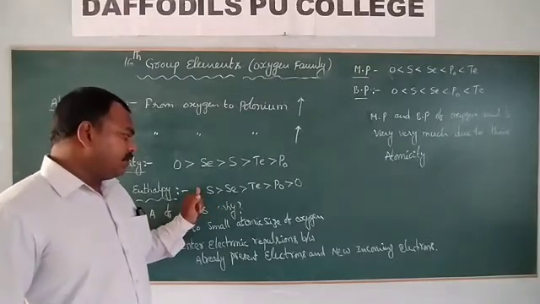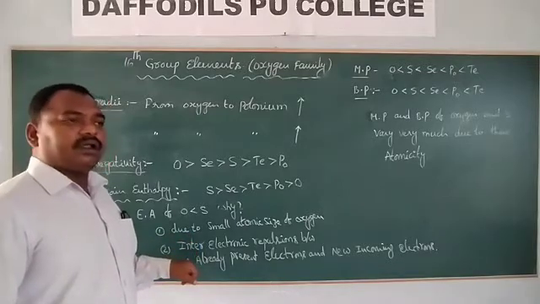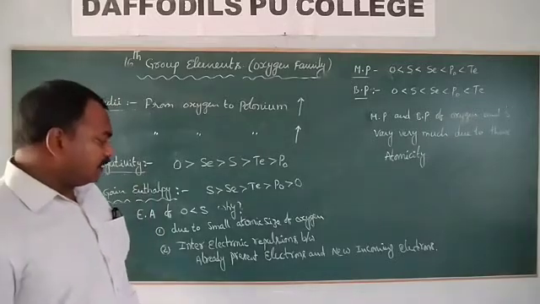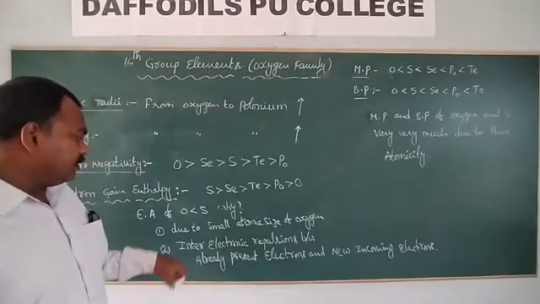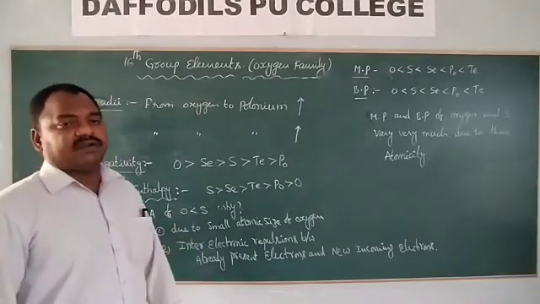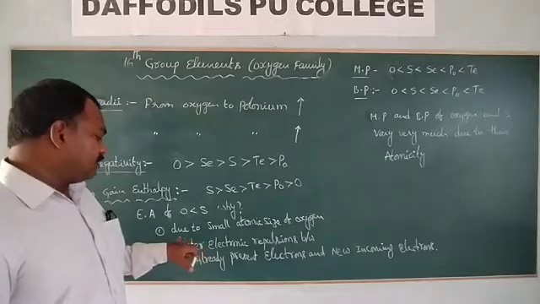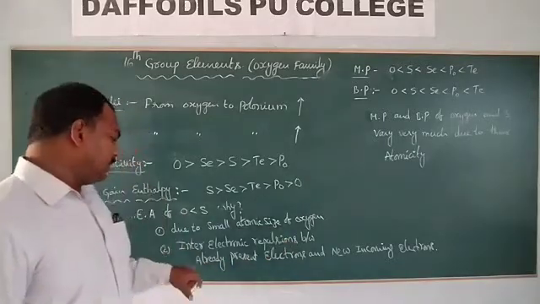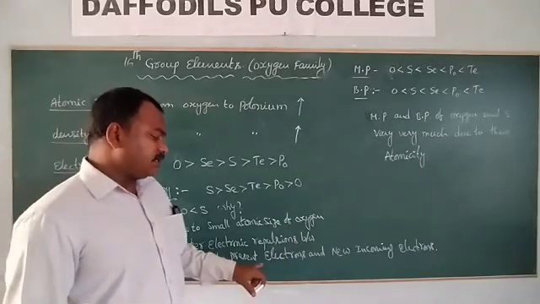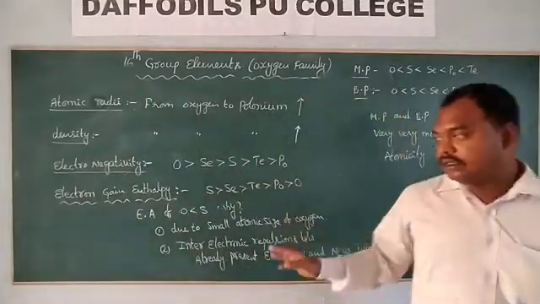But due to the very small atomic size of oxygen and interelectronic repulsions, the electron gain enthalpy of oxygen is somewhat less than sulfur. The reason is the small atomic size of oxygen and interelectronic repulsions between already present electrons and newly incoming electrons. This is the reason.